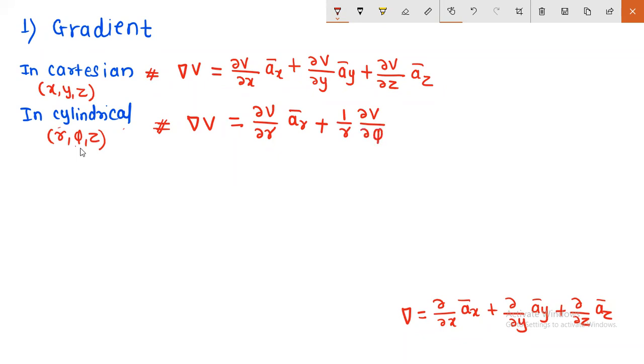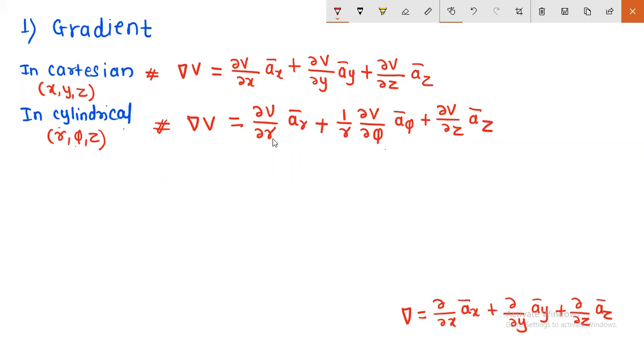Second coordinate is phi, into unit vector a bar phi. And plus the last coordinate z is again the length, so it will remain same. So it is dabba V upon dabba z into unit vector a bar z. Is it clear?